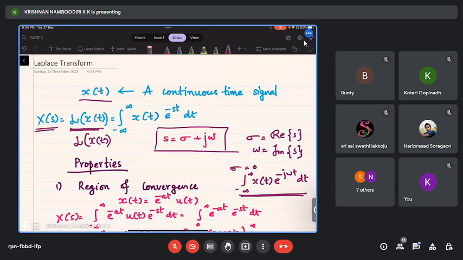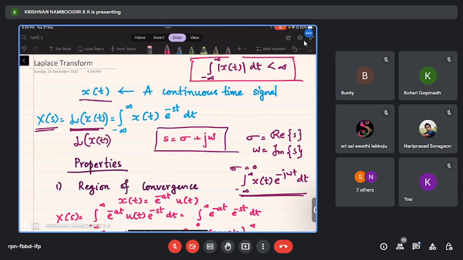Fourier transform is defined for absolutely integrable signals, right? That means for signals that have this property, the integral of the absolute value of x of t dt must be less than infinity, correct? So for signals that satisfy this property, we define Fourier transform, correct?